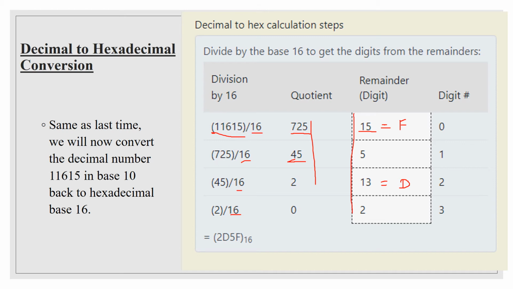We will write up all the remainders as 2, D, 5, F. Here the decimal is converted into a hexadecimal value.